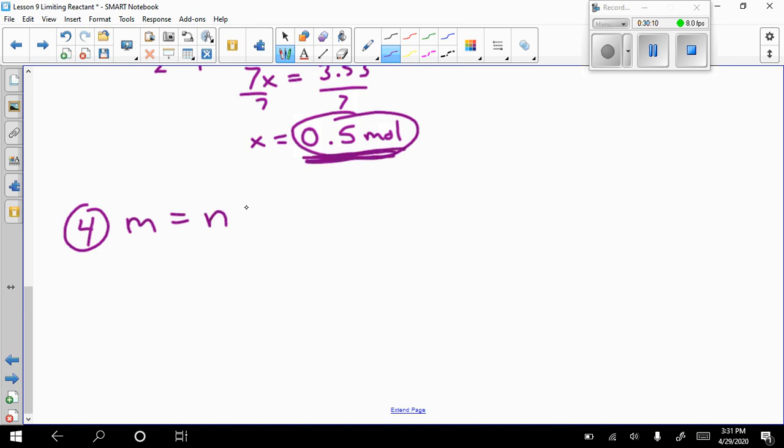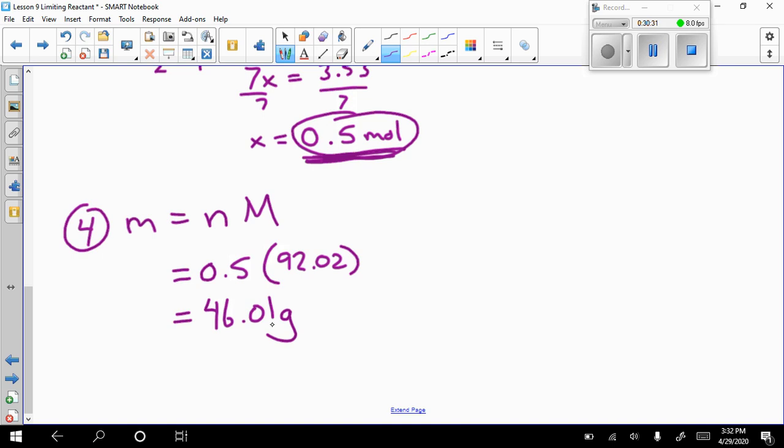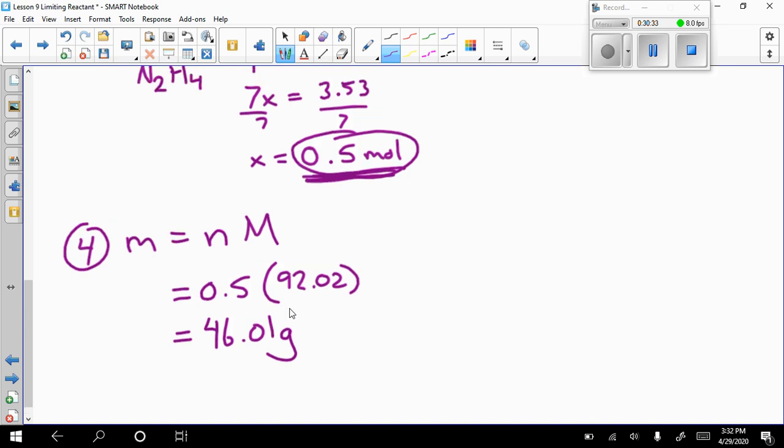So it's n times capital M. It's 0.5. I go back to the molar mass of N2H4, which was 92.02. So 0.5 times 92.02. And look at that. I used 46 grams of the N2H4.